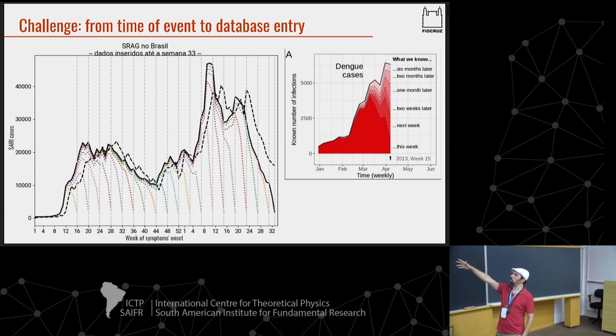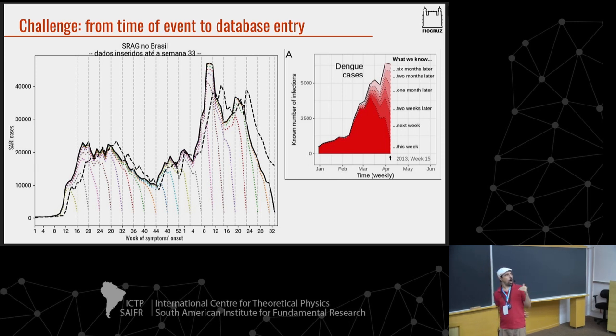So not only are we losing in terms of volume of cases, but even worse than that, the trend is completely lost because it's always going down, just because of the information flow, not due to the epidemiological situation.